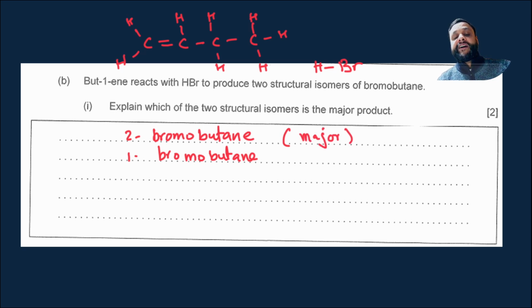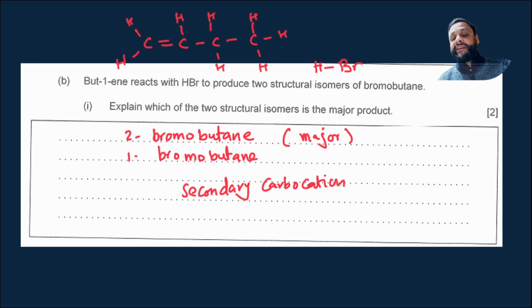Now we need to explain why. Because 2-bromobutane is formed through a secondary carbocation.